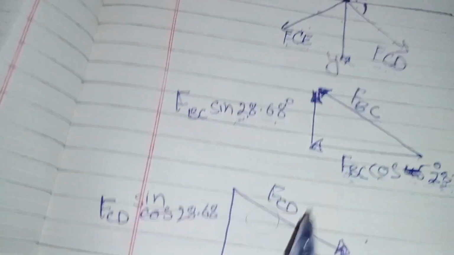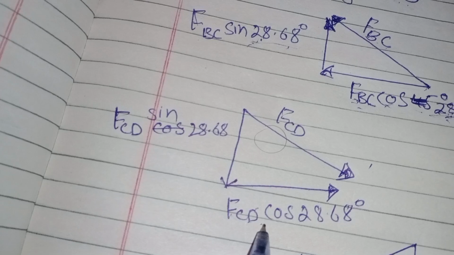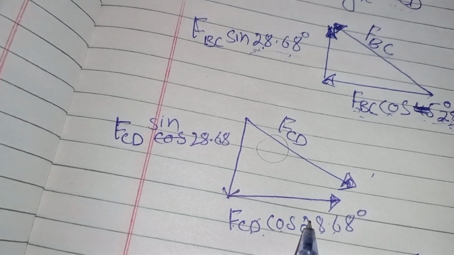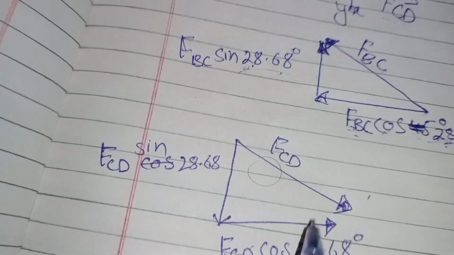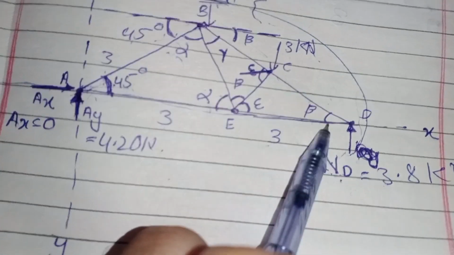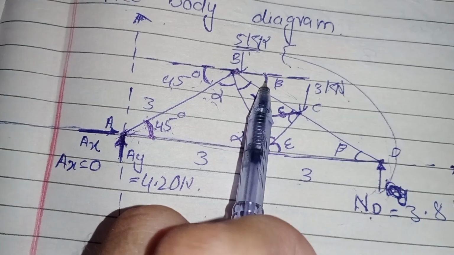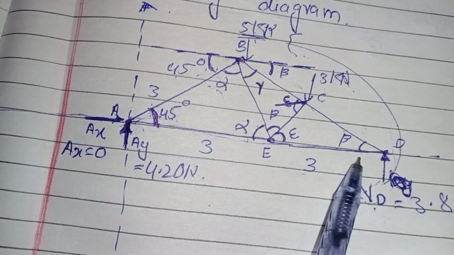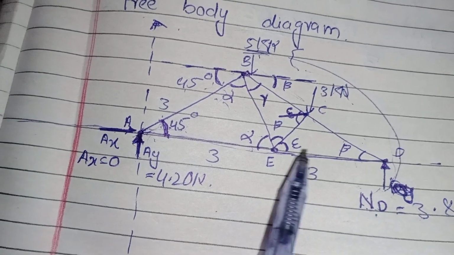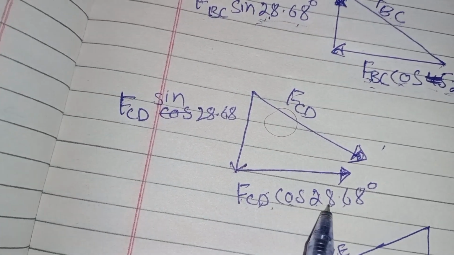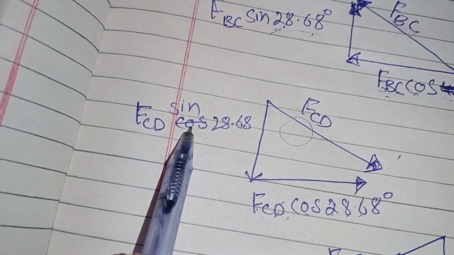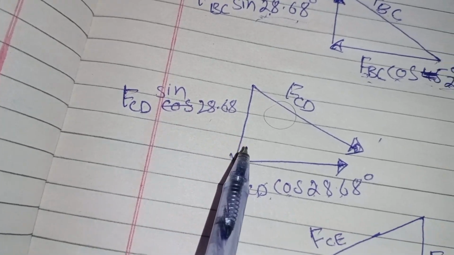I also resolve the force FDC or CD into its components. This also makes angle beta with the horizontal. So FCD cos 28.68 and FCD sin 28.68.